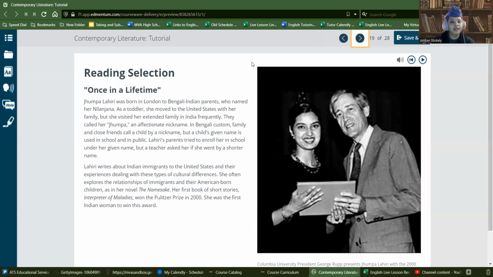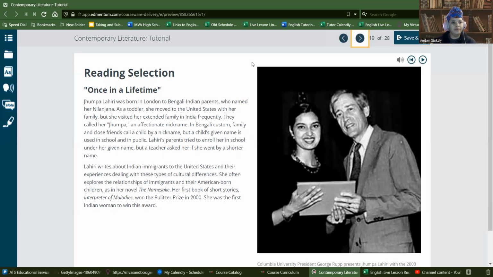Okay, slide 19. We are learning about the reading selection and the author. So the selection is called Once in a Lifetime, and the author is Jhumpa Lahiri. So Lahiri was born in London, but she had Bengali Indian parents.